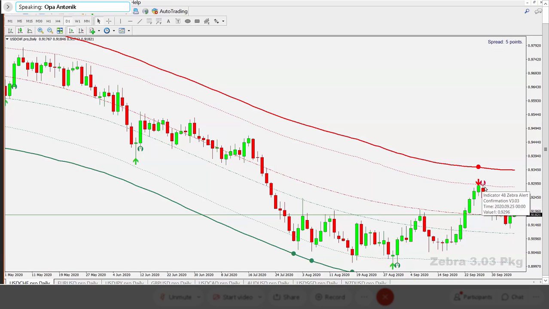You see how waiting for that confirmation would have increased the stop loss amount. We would have a very small stop loss in here, very small, comparatively speaking, on a daily chart.